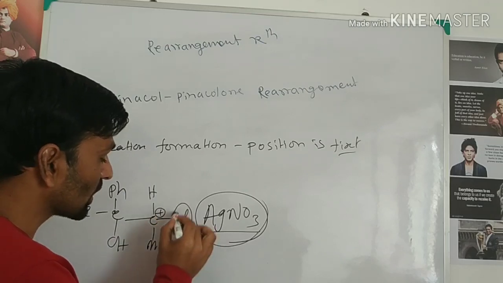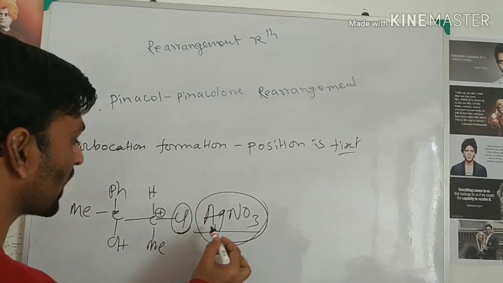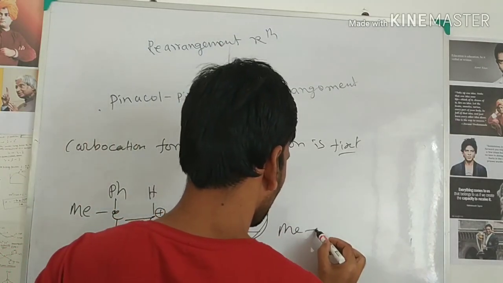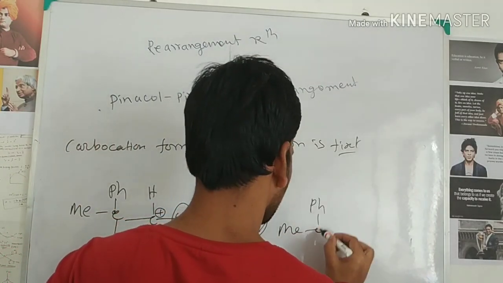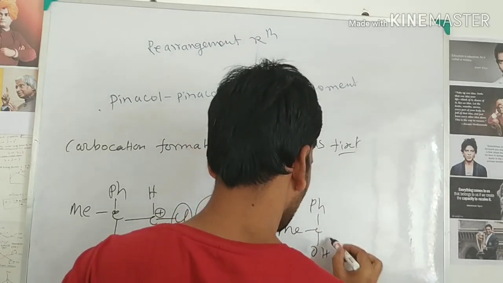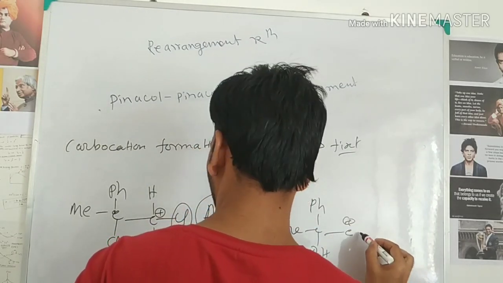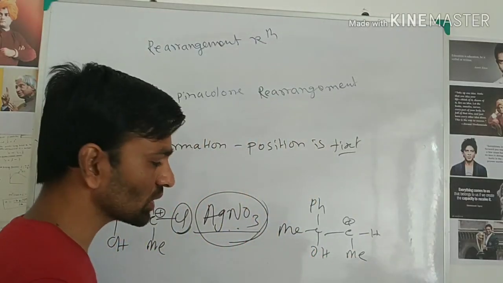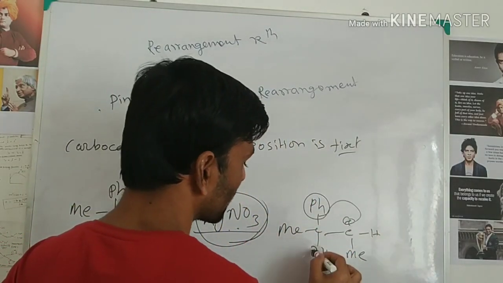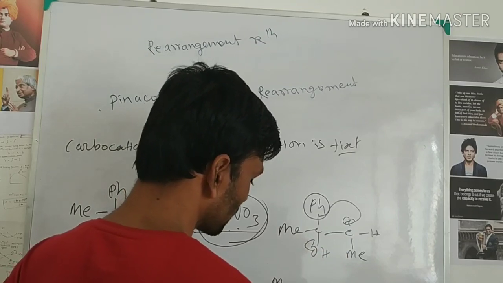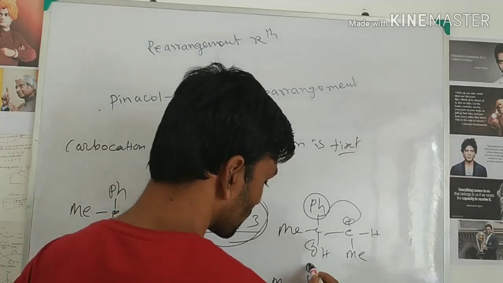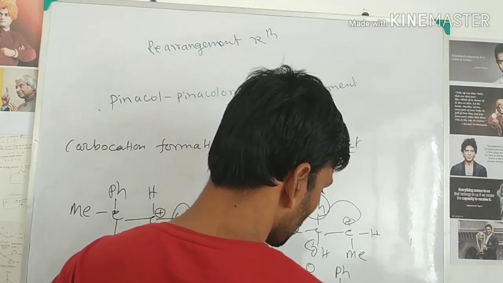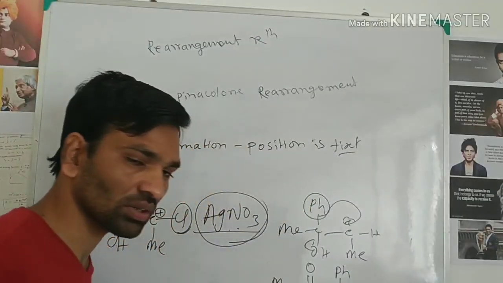That means this halogen is removed by this reagent to form this carbocation. This is the carbocation formation, and this phenyl group migrates here, and this one is the final product.